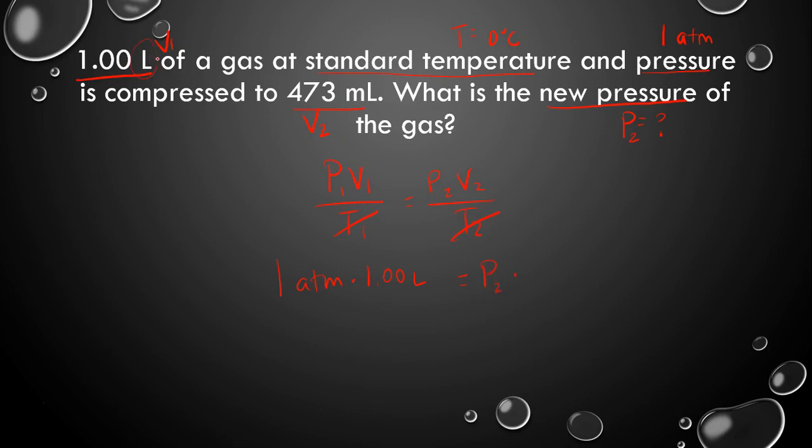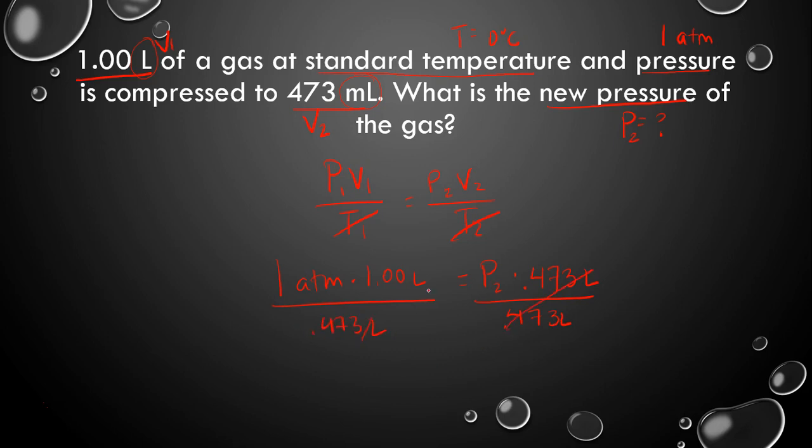Now, liters, milliliters, I need to make them the same. 0.473 liters. We learned how to do this conversion back in Module 1. So if you have no idea how I just did that, then that would be a good question to ask me or go back to Module 1 and review. Now, in order to get the P by itself, we need to divide both sides by 0.473 liters.